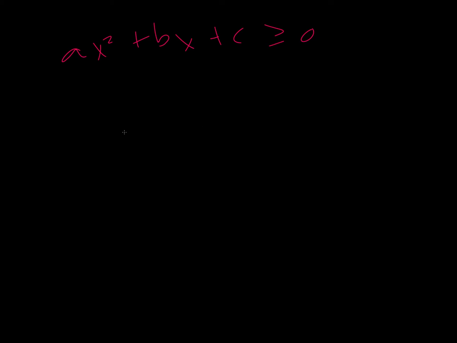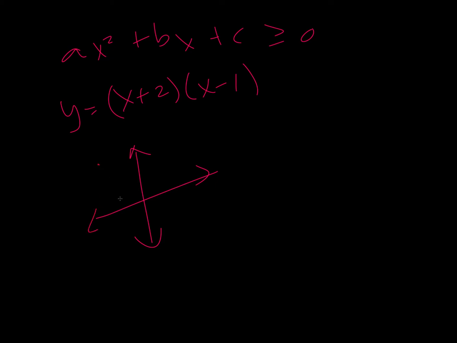Now, if we have something that's in this form, we know that it is going to cross the x-axis 2 times. And if we were to draw a sign diagram, it would look something like this.